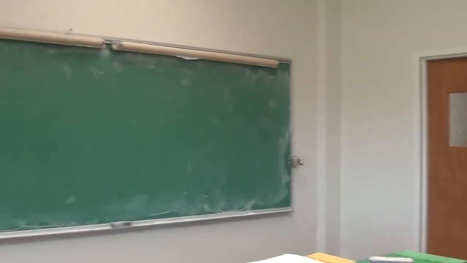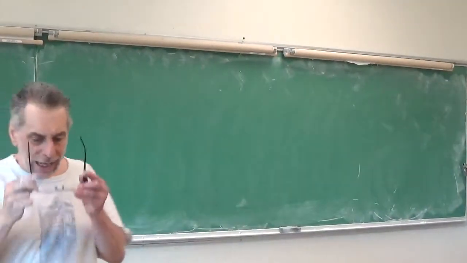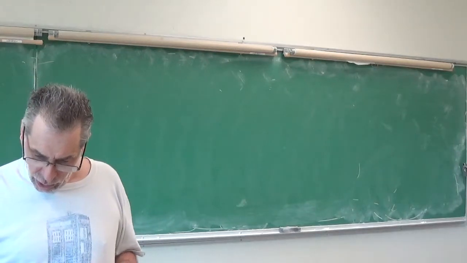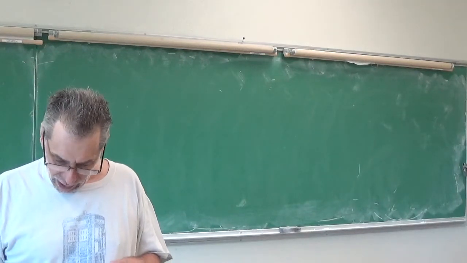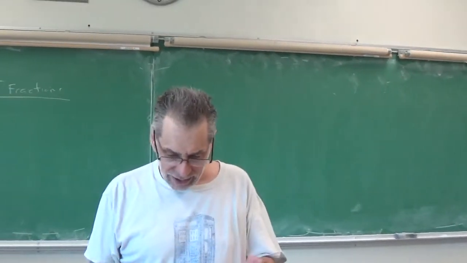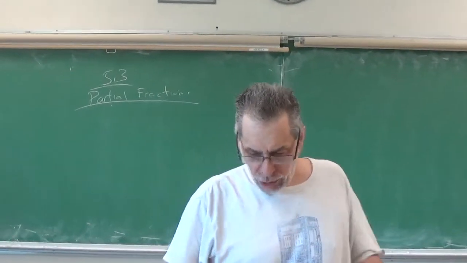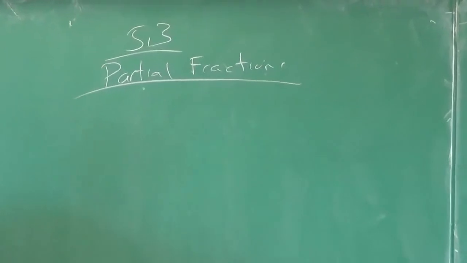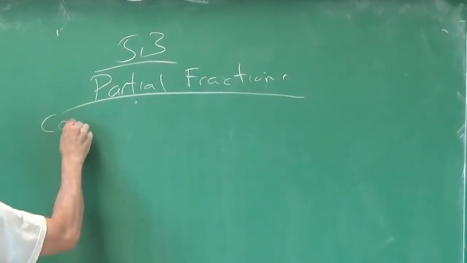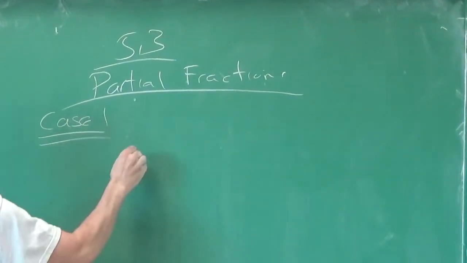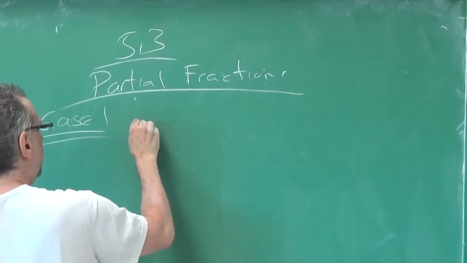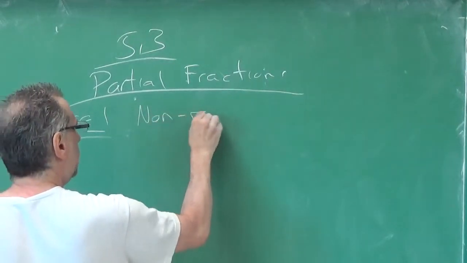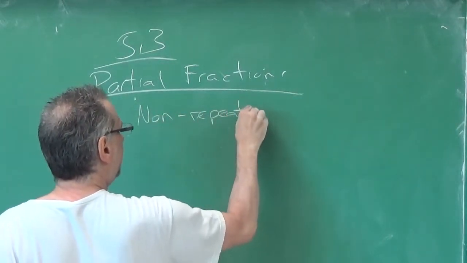So this section is going to test your knowledge of rational equations. We're going to use what we learned in chapter 1 to solve these partial fraction problems. All right, so the 4 cases we just talked about, let's talk about case 1, which is non-repeating linear factors.